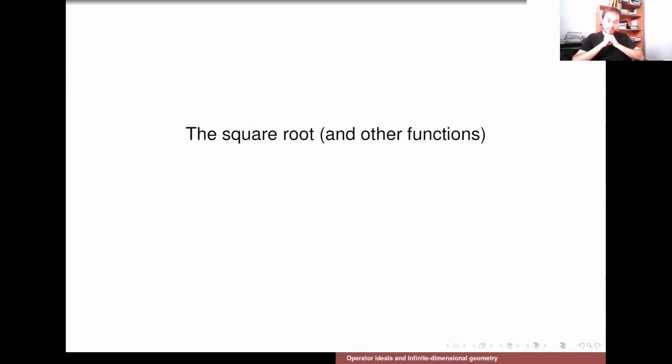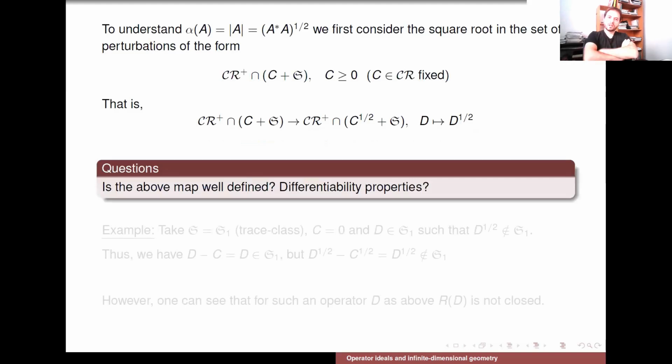Of course, to study the operator modulus, we will need to study the square root, but we will generalize our study to other functions, the class of operator monotone functions. We will define it soon. For the square root, we need to consider these sets of perturbations.